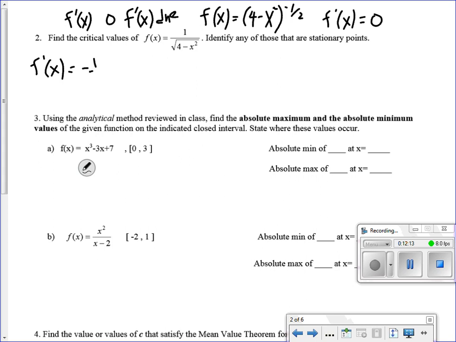So we get negative 1/2. Leave the inside alone with the chain rule. If you subtract 1 from negative 1/2, you get negative 3/2. Then you multiply by the derivative of the inside, which is negative 2x. Now, in order to see when it's 0 and undefined, we want to write it in fractional form. So I'm just going to rewrite that.